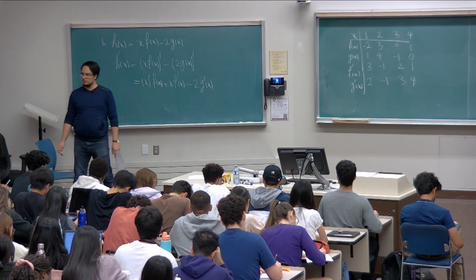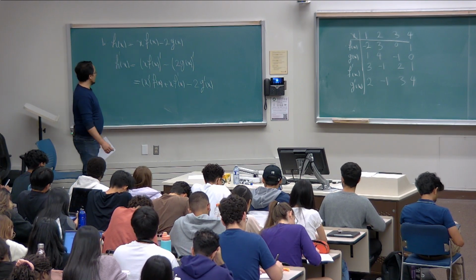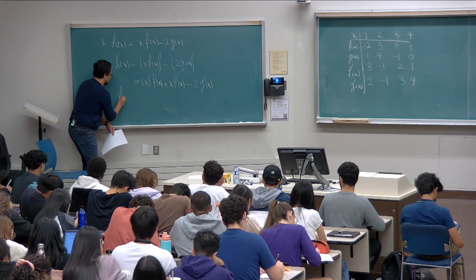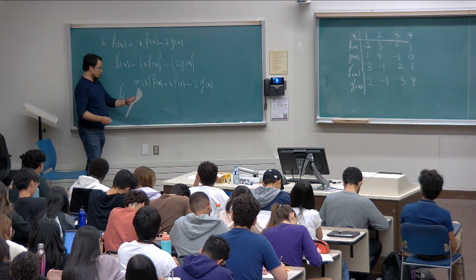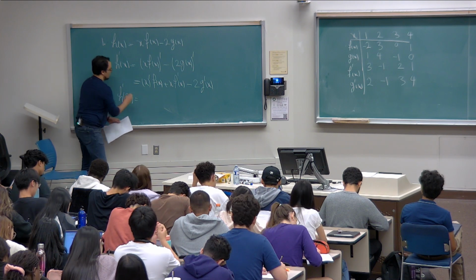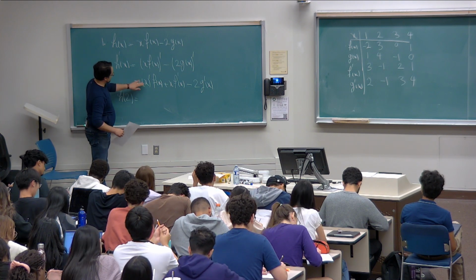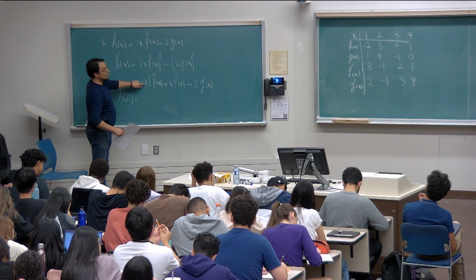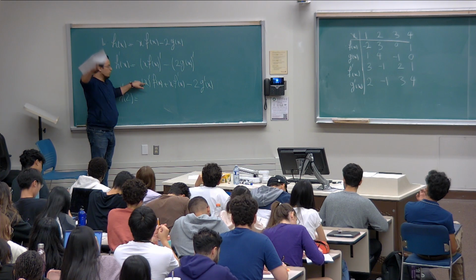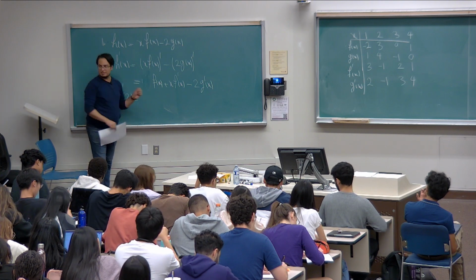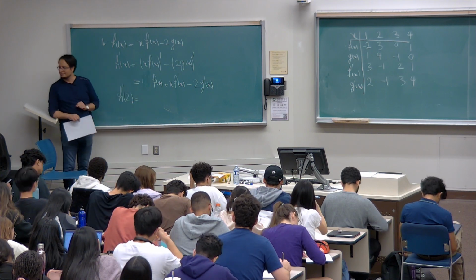Okay. That's the derivative. What I want is to find h prime at this specific number, 2. Oh, wait a minute, I'm not done yet here. Derivative of x is 1, so I can jump that step and just erase that.